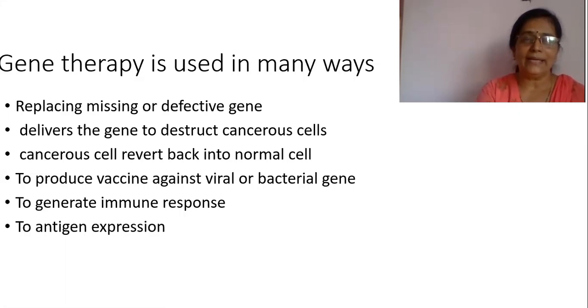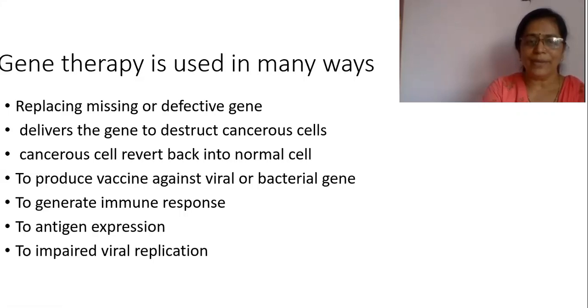As well as for antigen expression. What is the meaning of antigen? Antigen means the particles present on the surface of a pathogen. So for the expression of that antigen, we can deliver the gene.